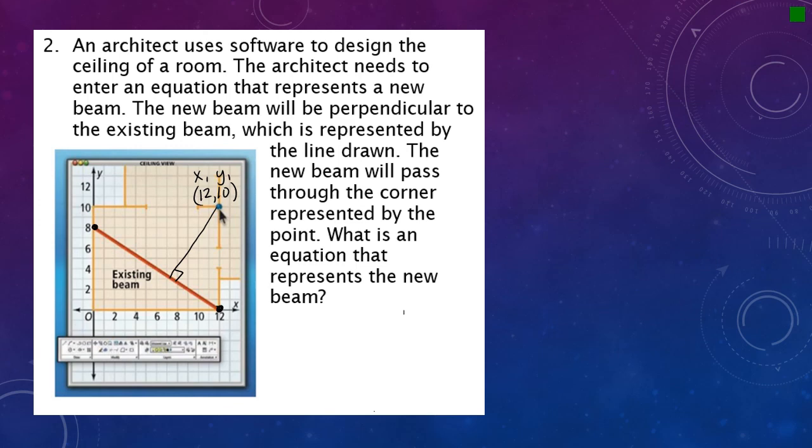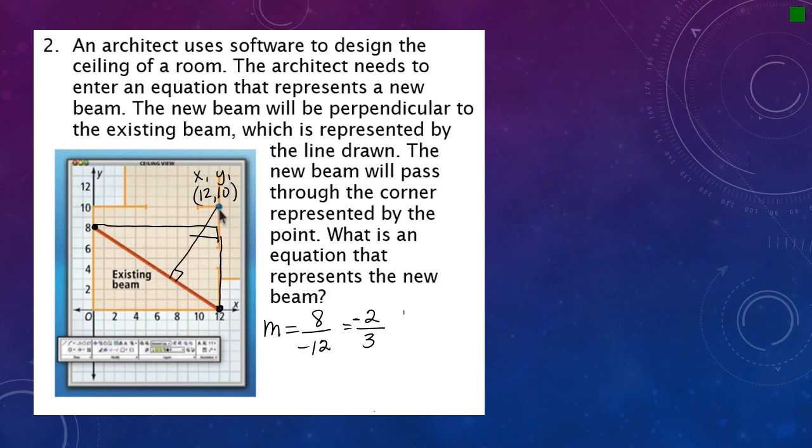So I would go up 8, and then we're going left 12. So my slope would be, the rise is positive 8, and the run is negative 12. So if we simplified that, everything's divisible by 4. So it would be negative 2/3. So that's the slope of the existing beam.